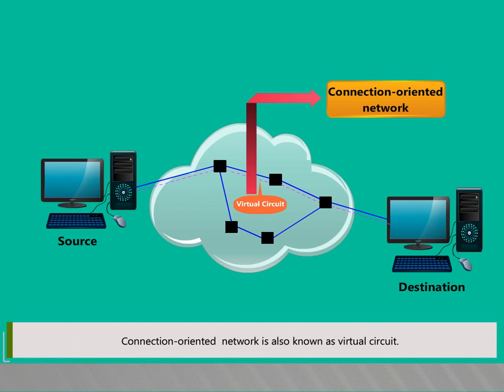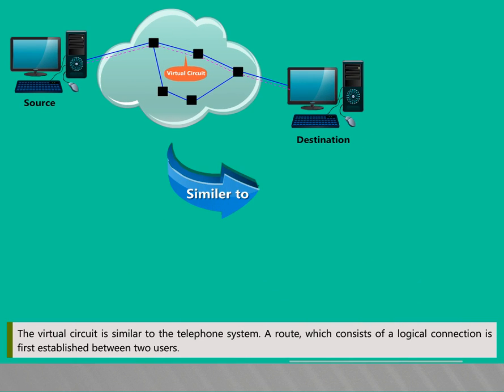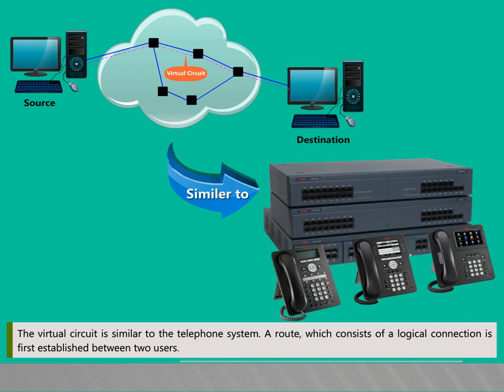Connection-oriented network is also known as virtual circuit. The virtual circuit is similar to the telephone system. A route which consists of a logical connection is first established between two users.